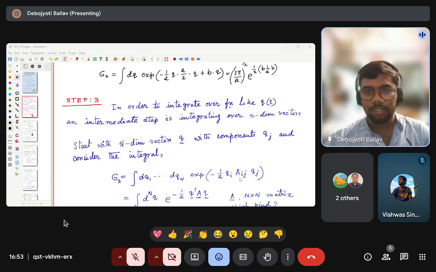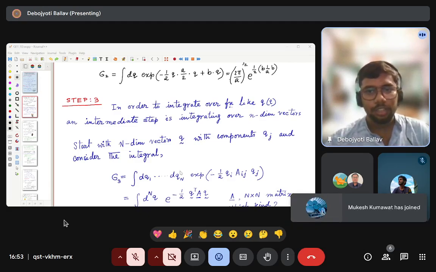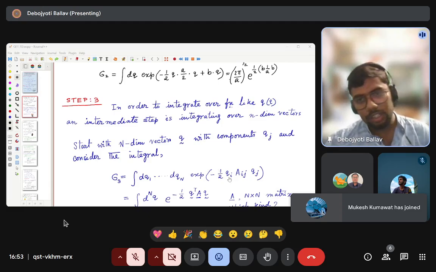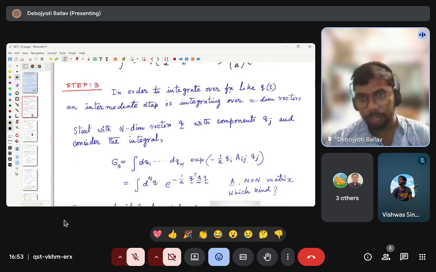If you change this i and j, the structure of this exponent will be the same. So Aij has to be a symmetric matrix at least. At best, we can say that Aij has to be symmetric, because these Qi and Qj are not two different Qs; they are the same. So if you interchange Qi and Qj, these A's are just n cross n symmetric matrices. So we will have an n cross n symmetric matrix, which is A.